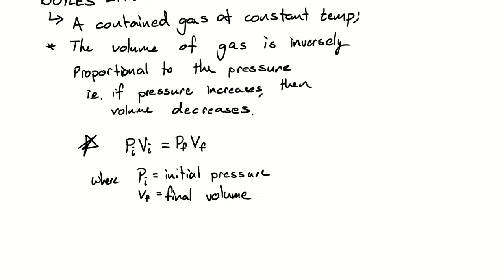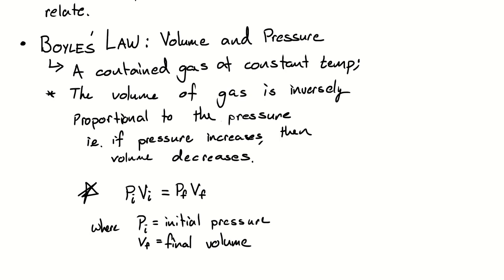If PI is initial pressure and VF is final volume, what do you think PF might be? Final pressure. What about VI? Initial volume. Do I need to write the other two if we know this notation? Sub I, a little subscript I, is initial. Now, this is Boyle's Law. This is the whole point of that simulation we did the other day, to make you see that this does indeed work this way.